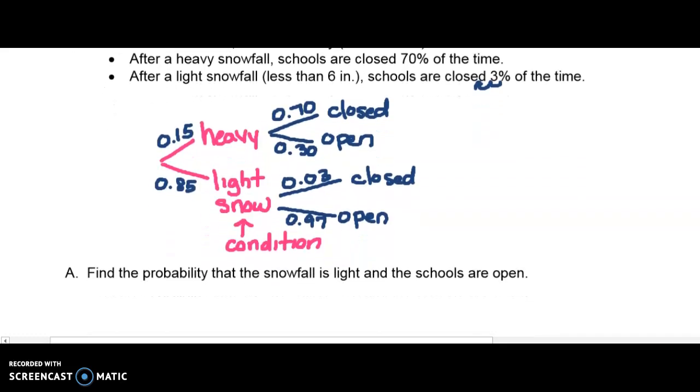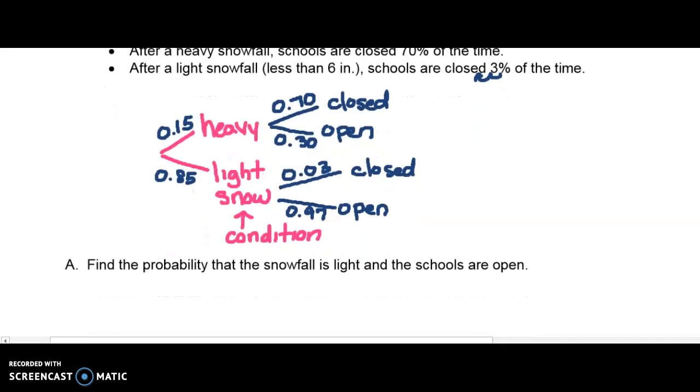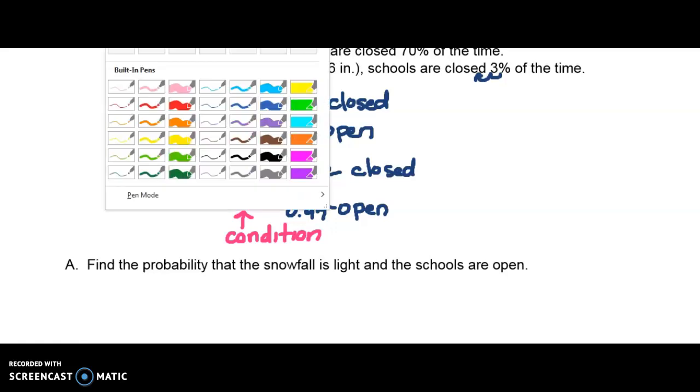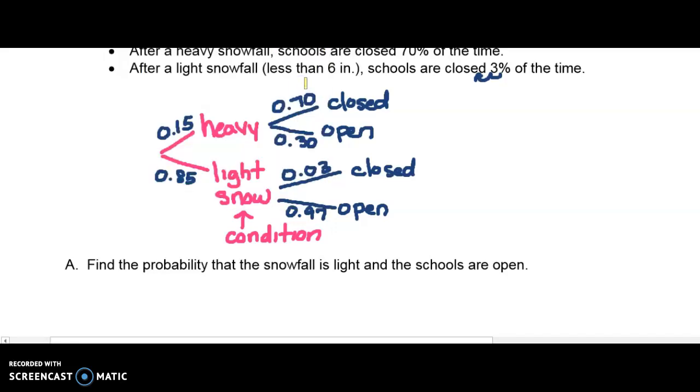So let's see if we can answer our questions. It says find the probability that the snowfall is light and schools are open. So again, the key word here is the word and. So I'm going to highlight this here. So and probability, remember, is multiplication. So I'm just going to take this opportunity to write down the and formula.